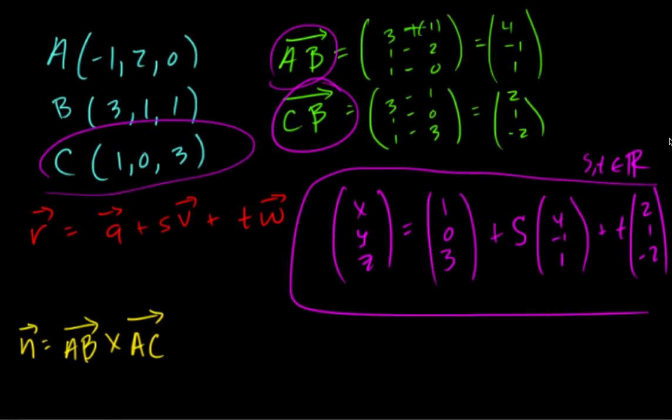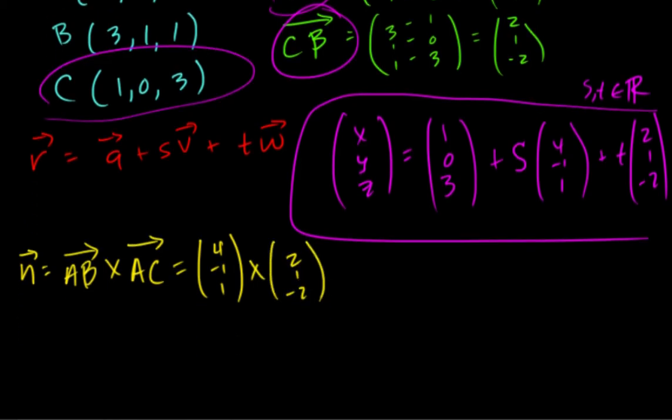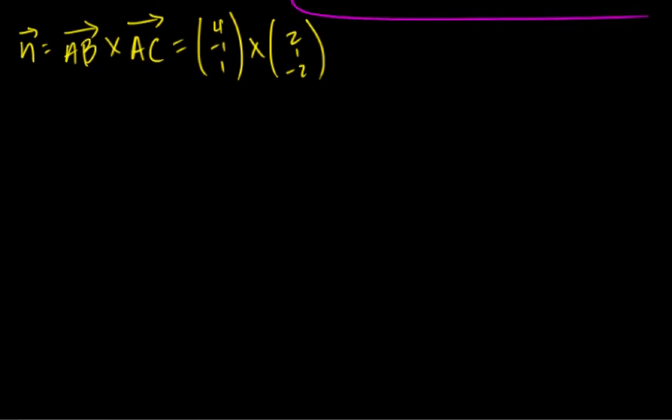We still need those for a second. So we need 4, negative 1, 1, cross 2, 1, negative 2. Now I can move down here.